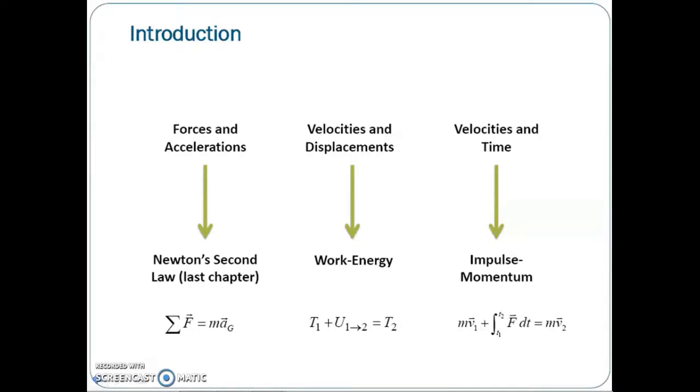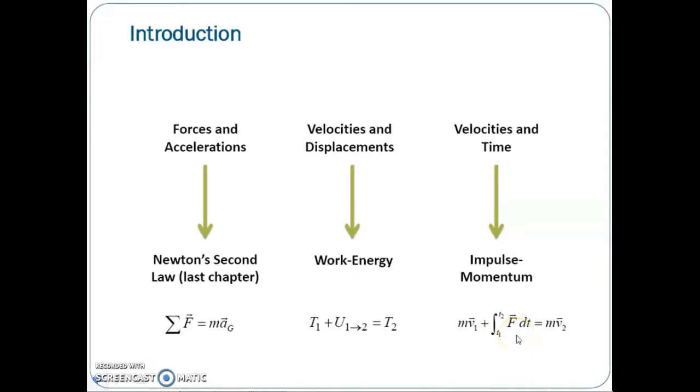In the case where the velocities and times of the particles are available, or we would want to determine this information, we could utilize the impulse and momentum methods. The impulse and momentum methods build the relationship between the linear momentum, mv, as well as the impulse.